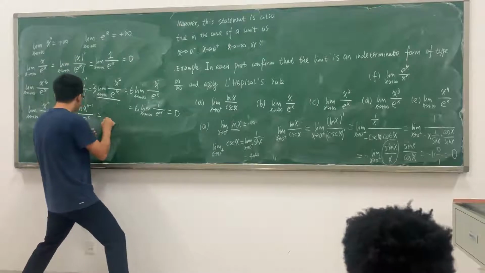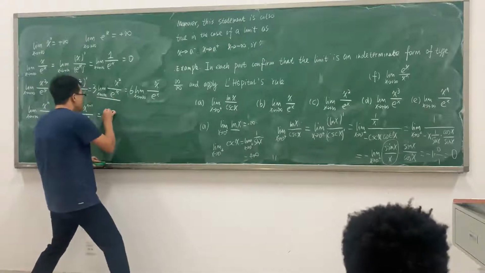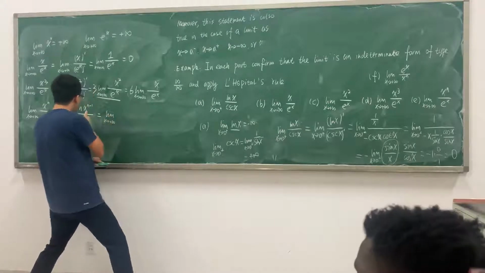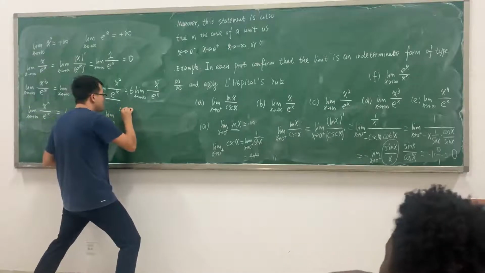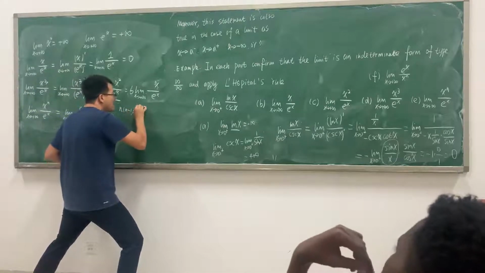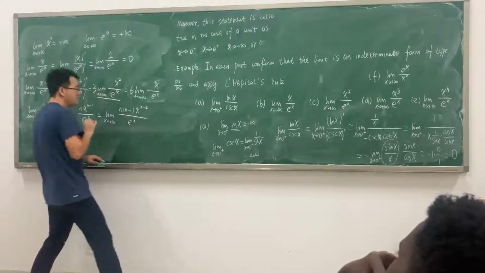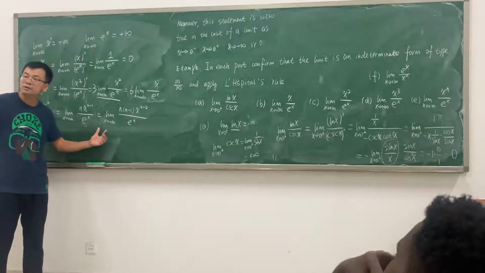So again the limit is equal to the limit as x approaches plus infinity of n times n minus 1 times x to the n minus 2 divided by e^x.